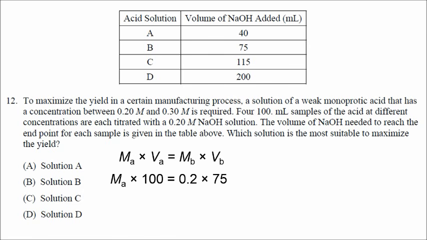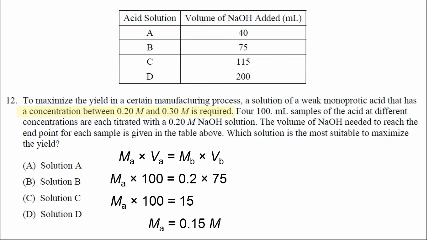Now 0.2 times 75 is 15. If we solve for the molarity of the acid, we get 15 divided by 100, and 0.15 does not fall within the range of 0.2 and 0.3 as described in this problem.